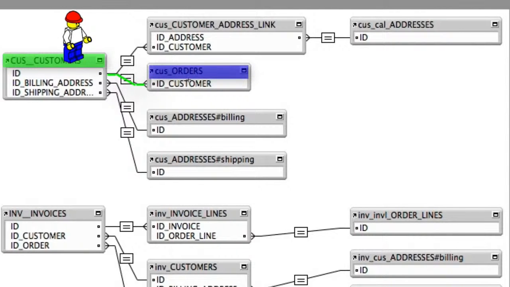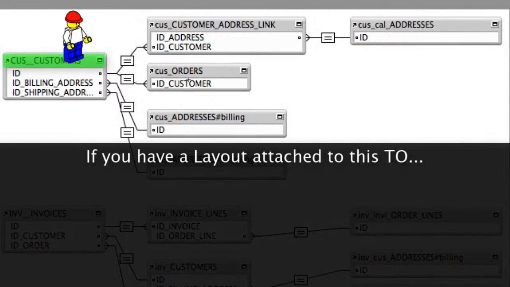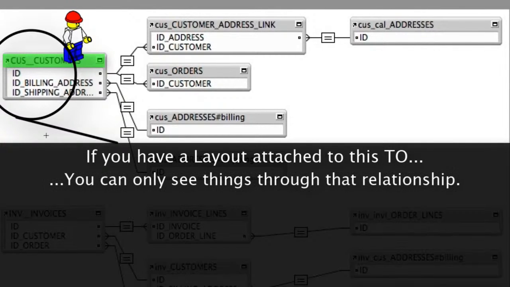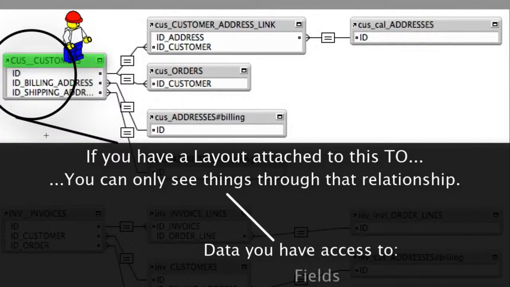The whole idea is that if you have a layout attached to this table occurrence right here, and you have that perspective, you can only see things through those lines or through that relationship. And when I say see things through there, that's the data you have access to. That's the data your fields have access to on that screen.